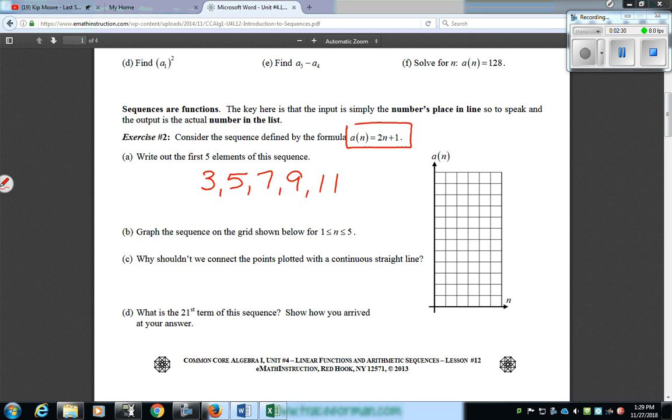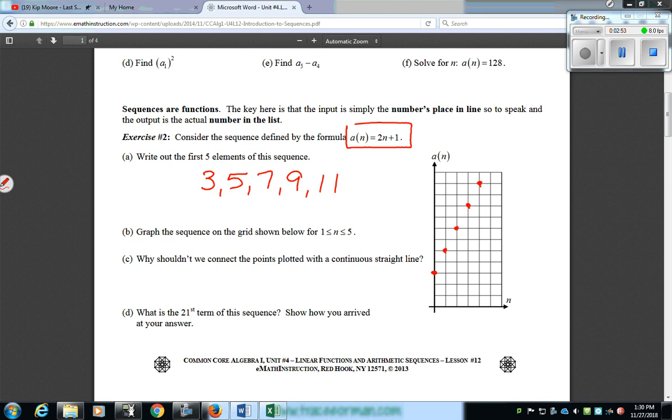And when you graph these points, like I'm doing right now, the important thing is that you're not connecting these points because those numbers represent a sequence and those are the only answers. When we're talking about a straight line, those other numbers aren't involved. There's no decimals. Remember, a sequence is just the natural numbers, 1 through however high you're going.